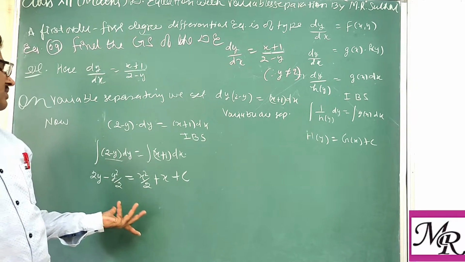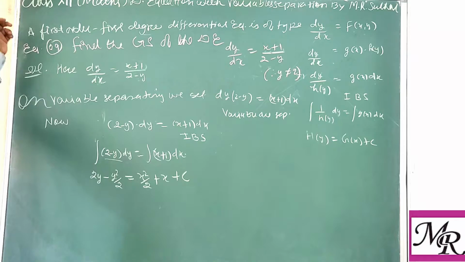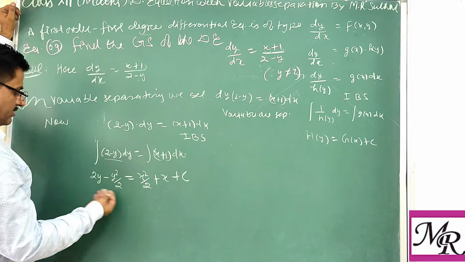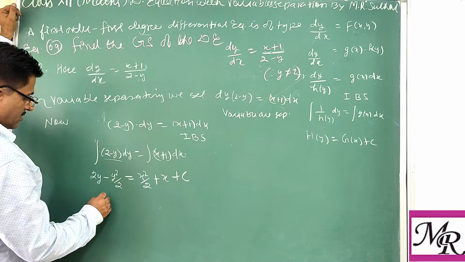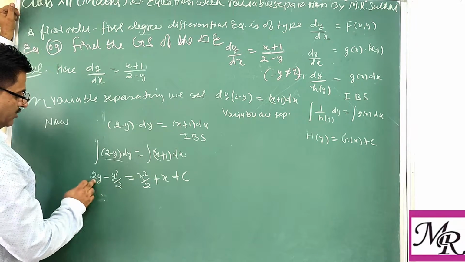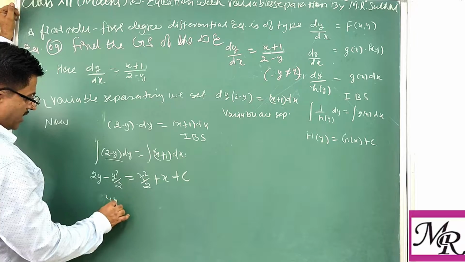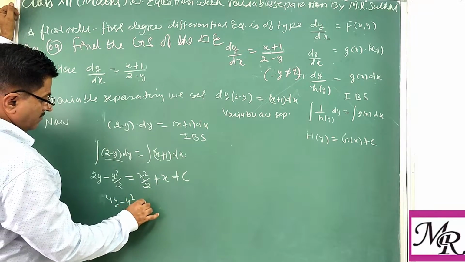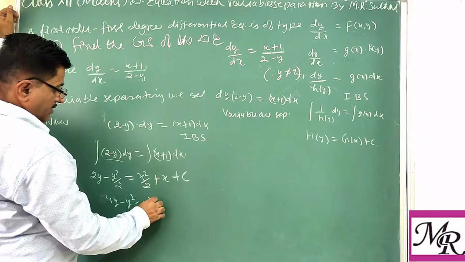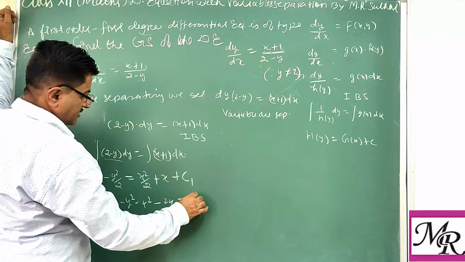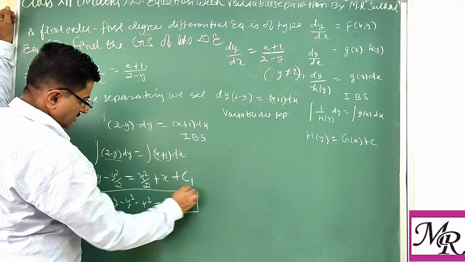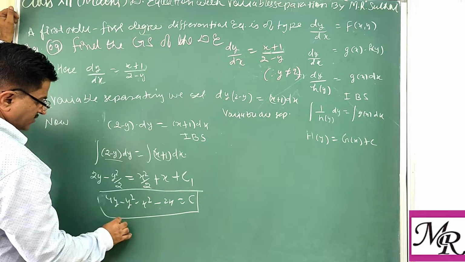Now we may write in simplest form. So how can you write simplest? You can take variable terms on the left side. Or take LCM, so 4y minus y square minus x square minus 2x equal to C1, then this is constant C. Or you may take minus common.